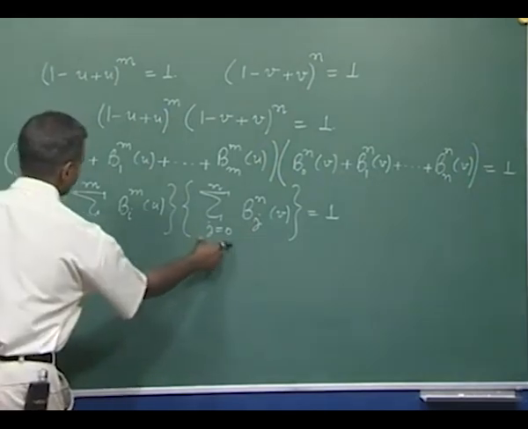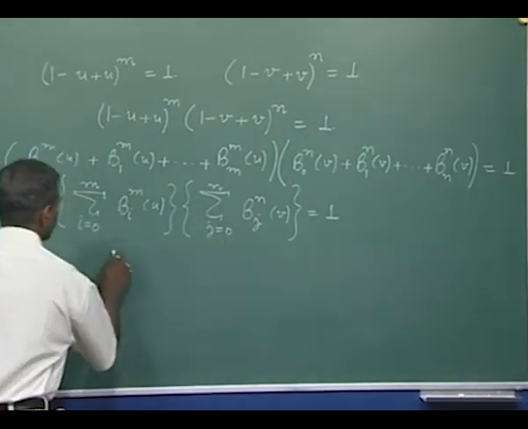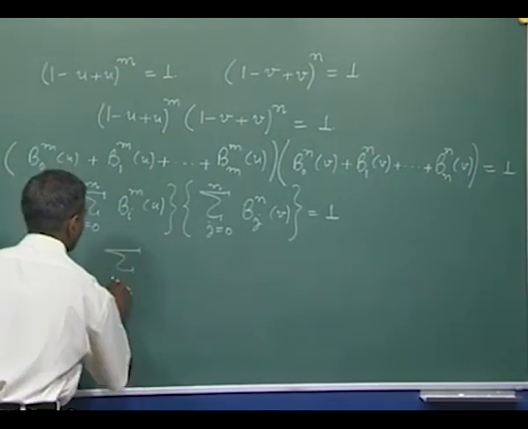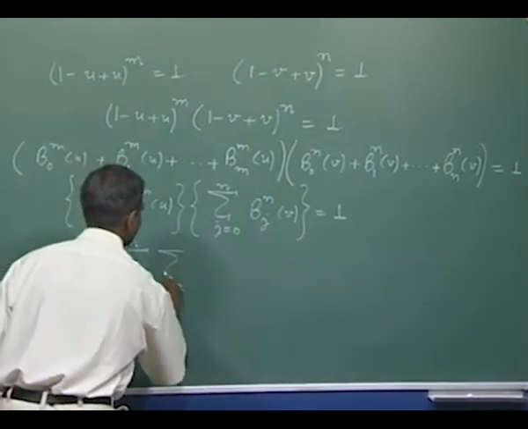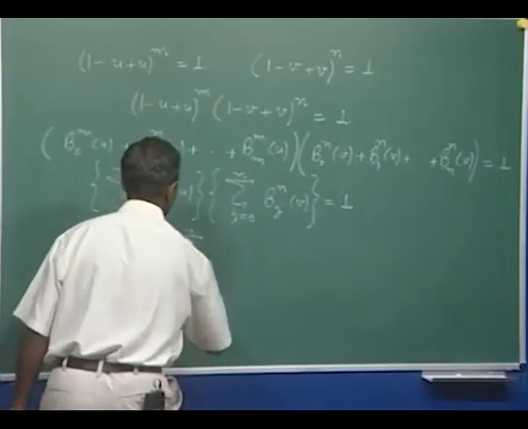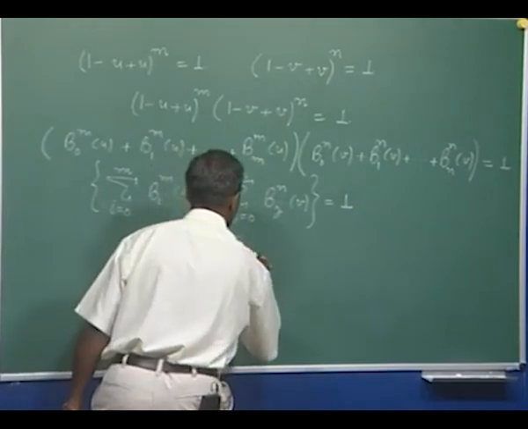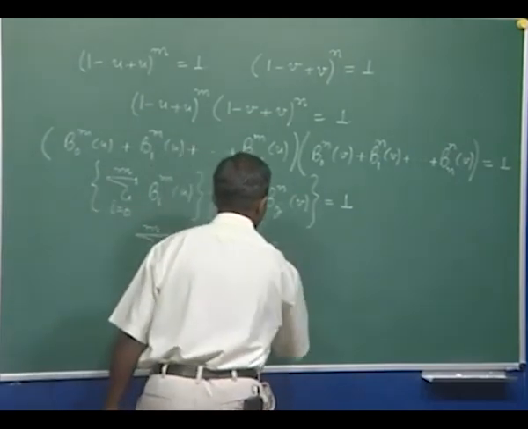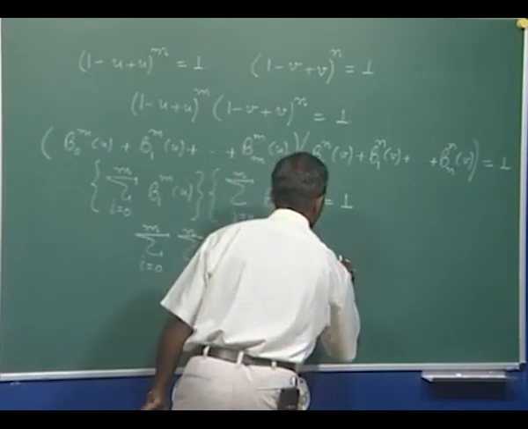I can bring this summation sign here, and I can get summation i going from 0 to m summation j going from 0 to n B_i^m(u) B_j^n(v) equals 1.